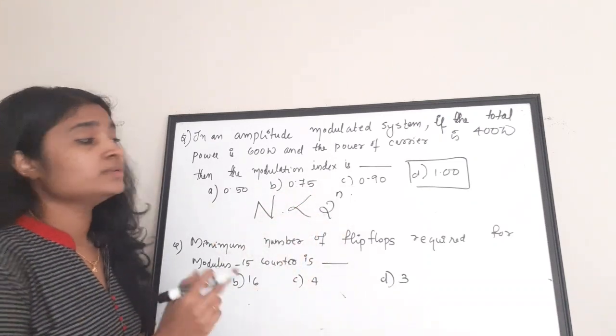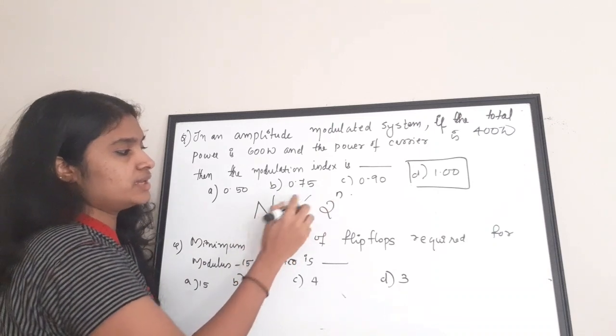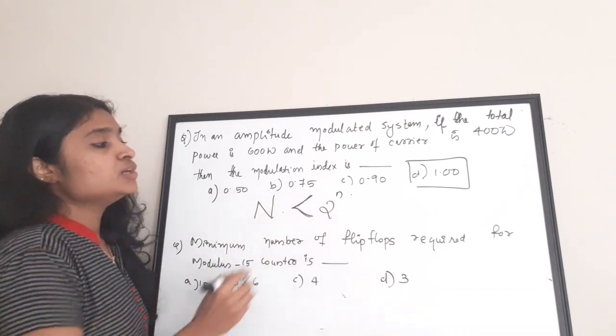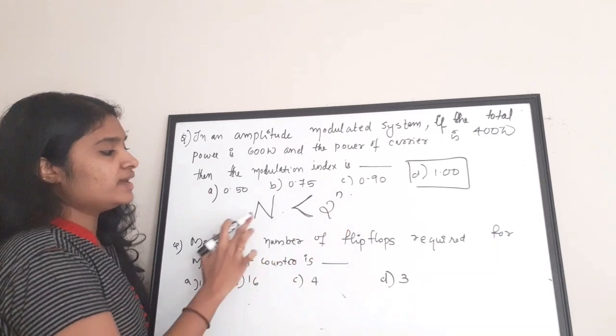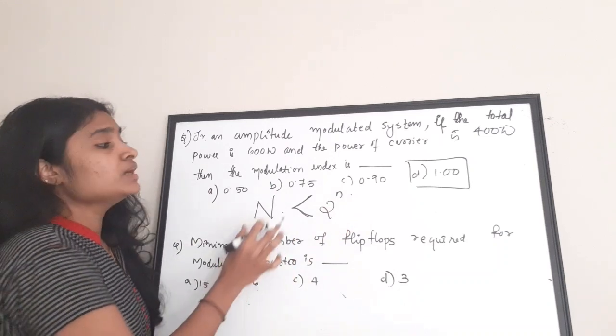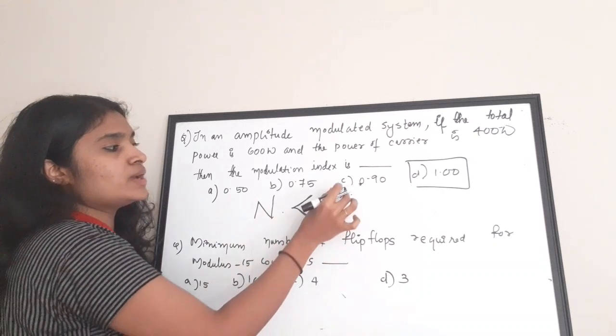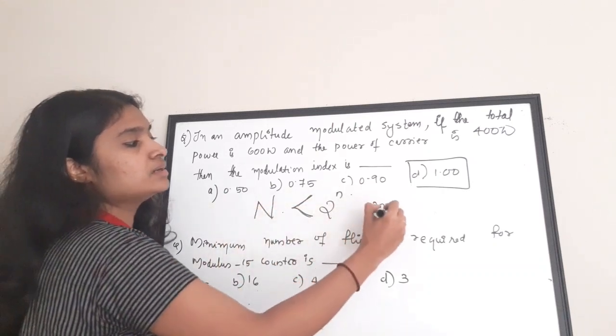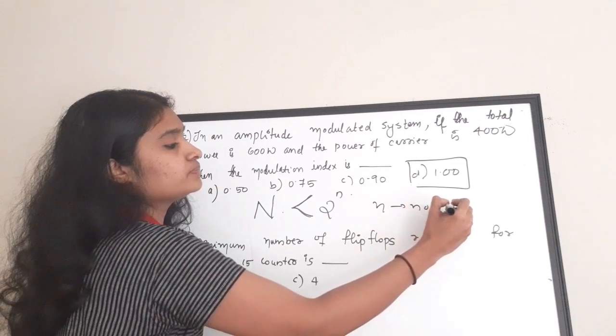Here N is the modulus value, and small n is the number of flip-flops needed.